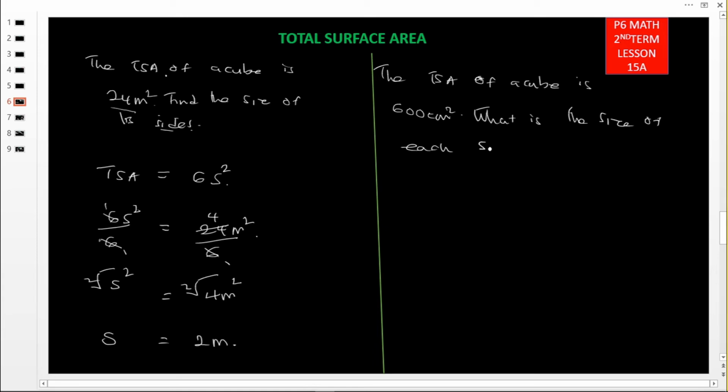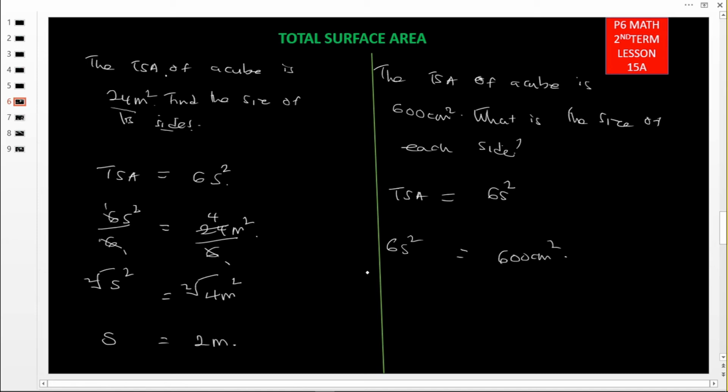What is the size of each side? So here total surface area is given by 6 s squared. So 6 s squared is equal to what is given from the question, that is 600 centimeters squared.